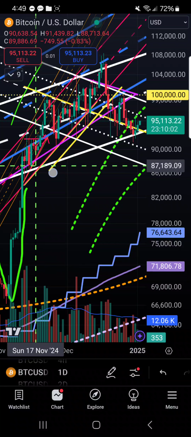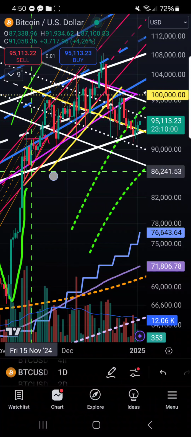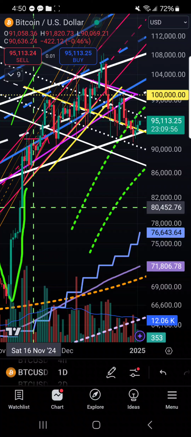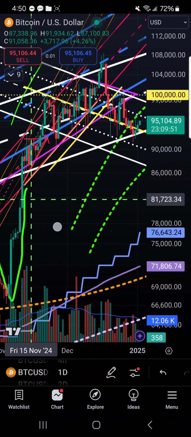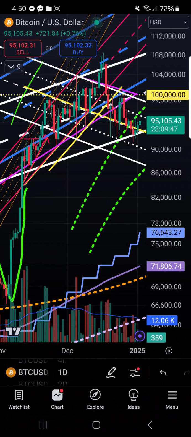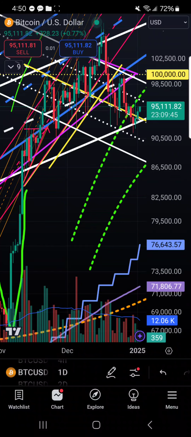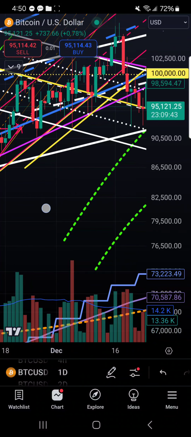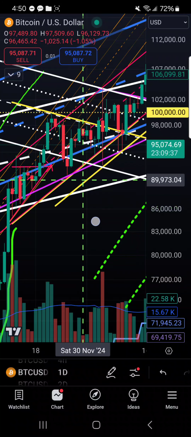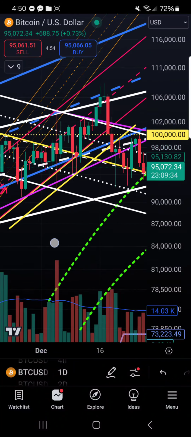I think we find support maybe up here. This is possible. So, take the necessary precautions. Maybe only to 80, or maybe to this wick here, 81. I don't even think we're going to get that really. I think we're just going to come back down to 90.